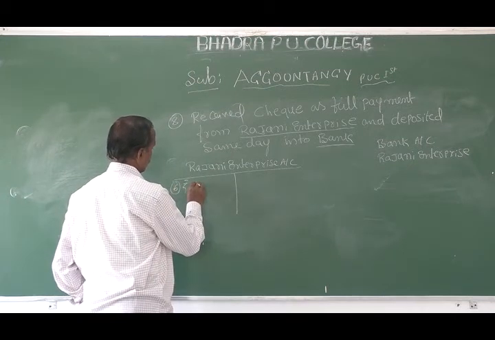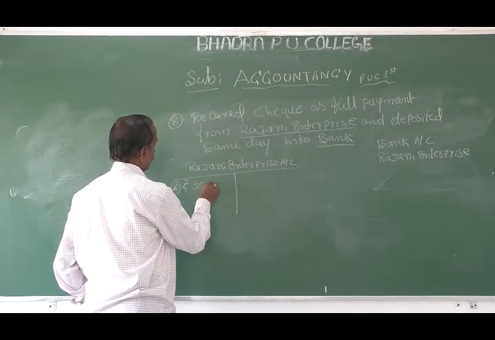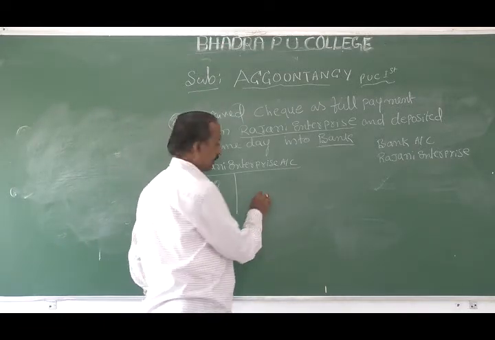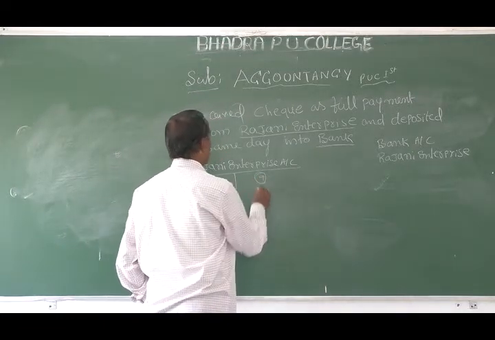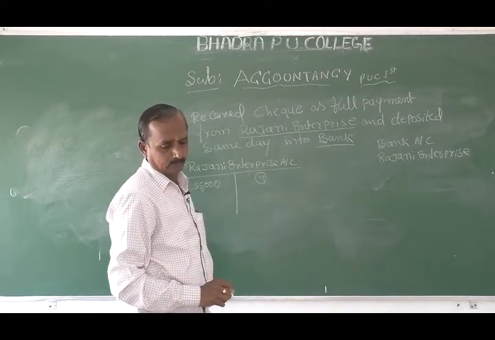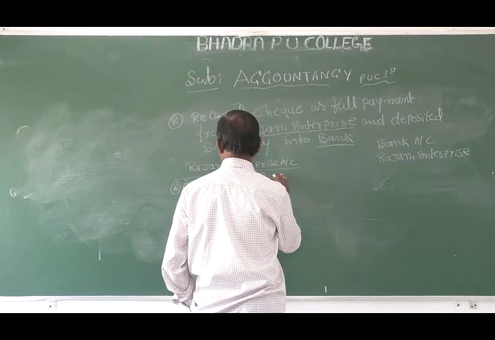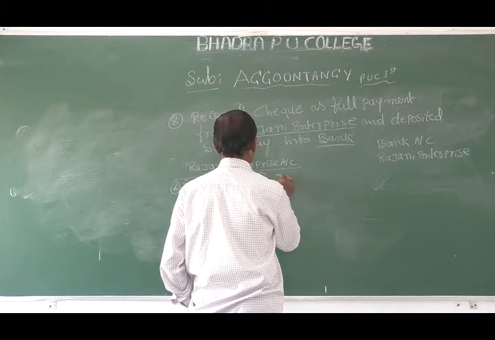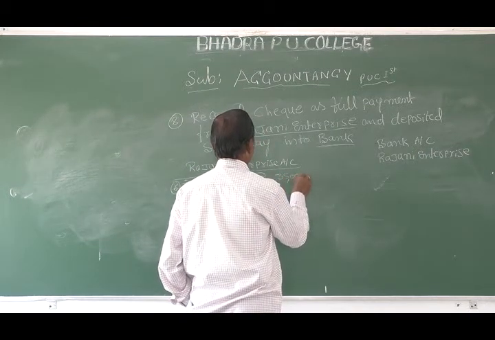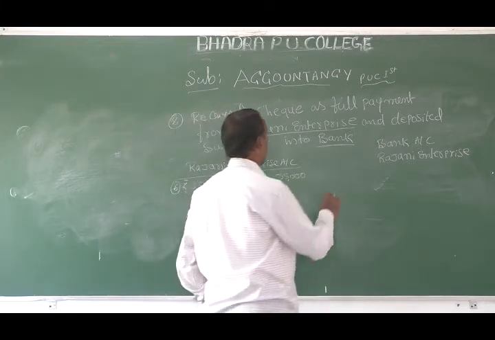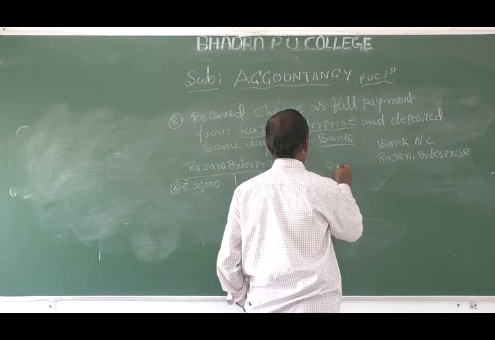Previous transactions 35,000, and 9 also the same amount will be credited, 35,000. Next, another one is bank account.